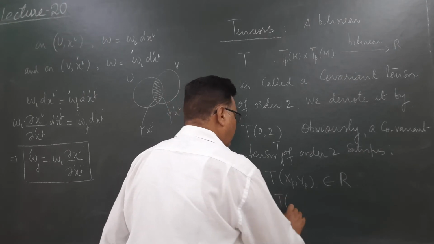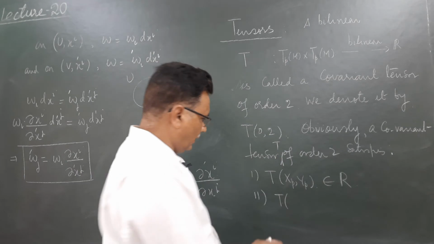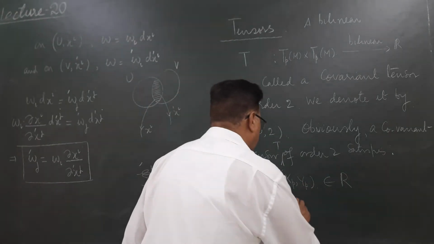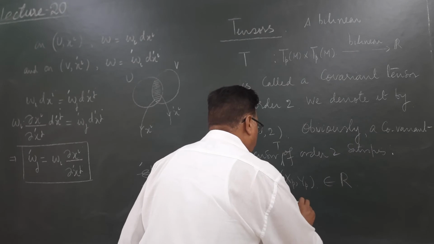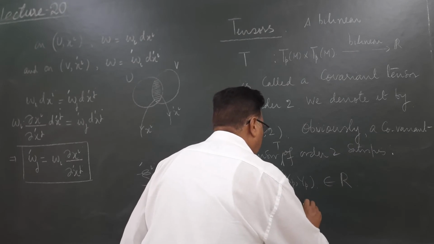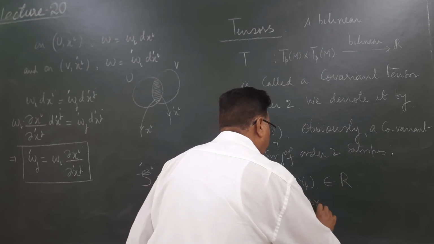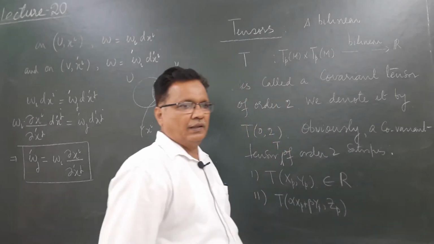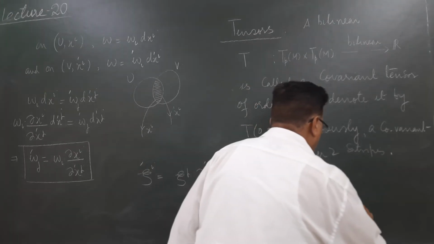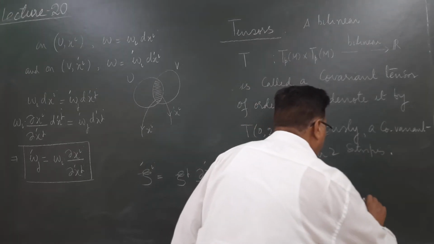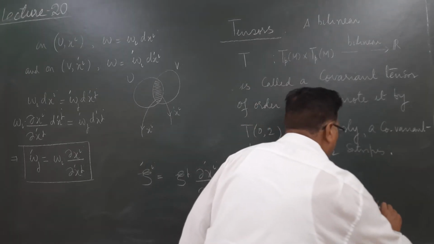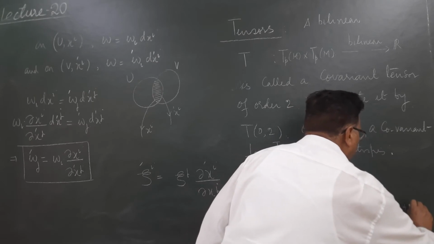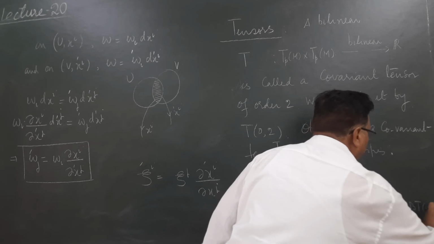T is linear in both the slots. If I replace Xp by a linear combination of two vectors, say alpha times Xp plus beta times Yp, and over here some other vector Zp, then these alpha, beta will come out, that is, it will be alpha times T of Xp, Zp plus beta times T of Yp, Zp.